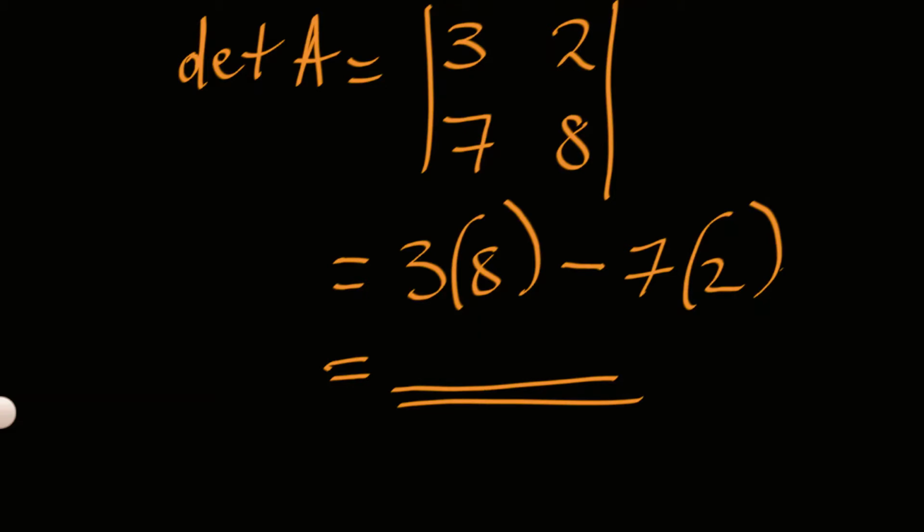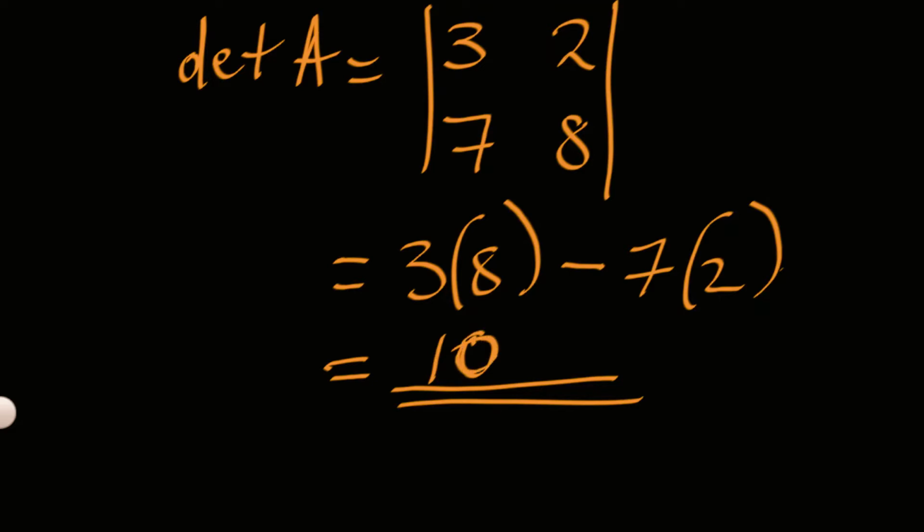In other words, a determinant of a matrix is a single number. When you say evaluate the determinant of a matrix, the answer that you give should just be one single answer. In this case, we get 10. So the determinant of this matrix 3, 2, 7, 8 is 10.